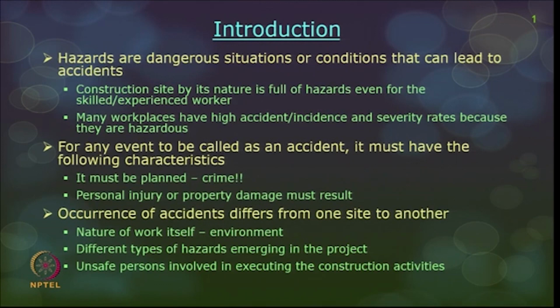Different types of hazards emerge in the project because the project is generally unique and challenging, and unsafe people are involved in executing the construction activities. That is also a common factor which we saw in last week's class. Most accidents are actually linked with unsafe activities of the workers on the site.